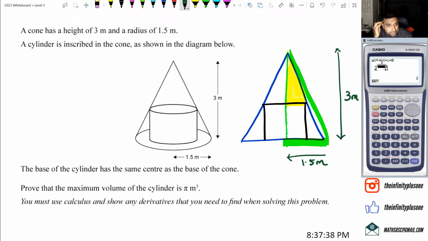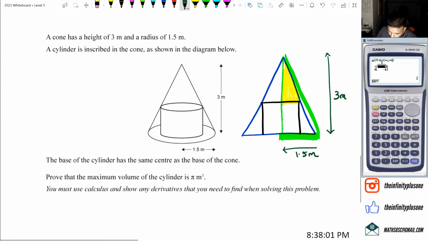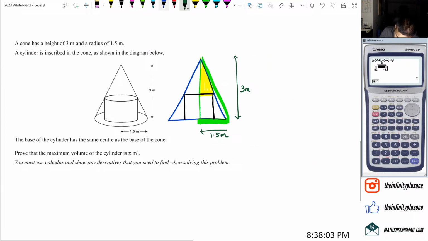Why would I do that? Oh, I see what they've done. Okay, so how do I do this? No, I don't want to do 3 minus 1. That'll just complicate things. I'm going to break this down a bit further. Give me 1 second. Let me do one more thing here.